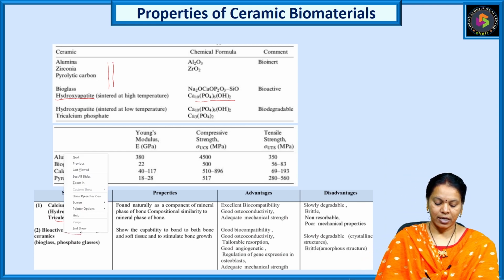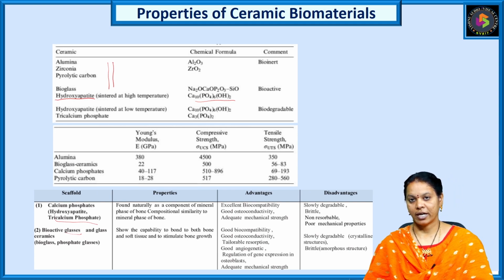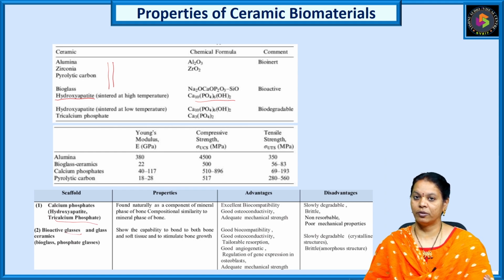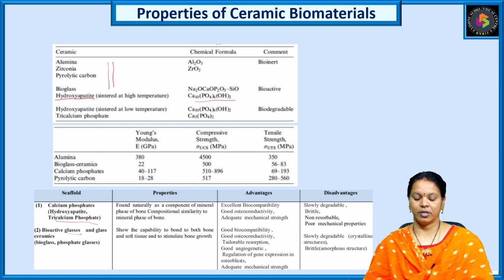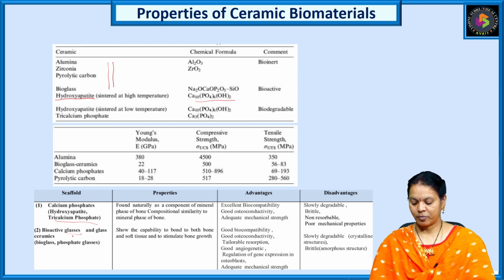And coming to glass, bioglass and glass ceramics are one other category which are also used. As discussed earlier, refractory properties are also delivered by these ceramics. So these are the elements which are used for refractory property.